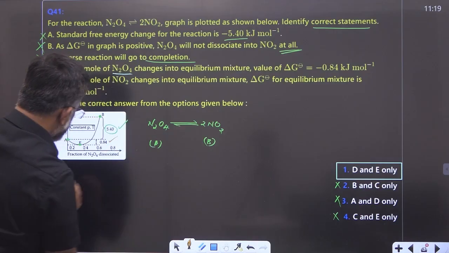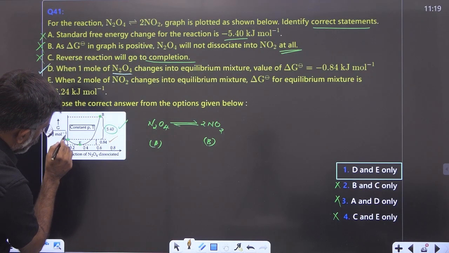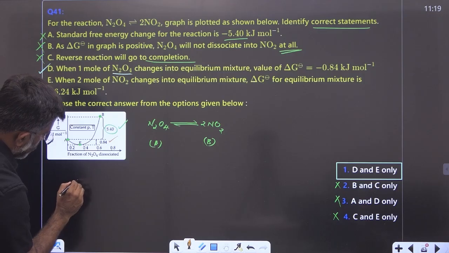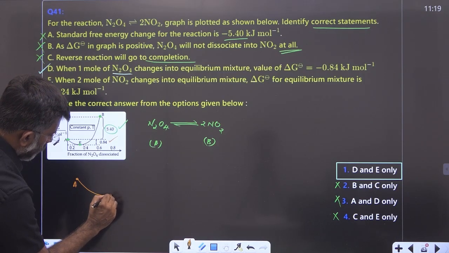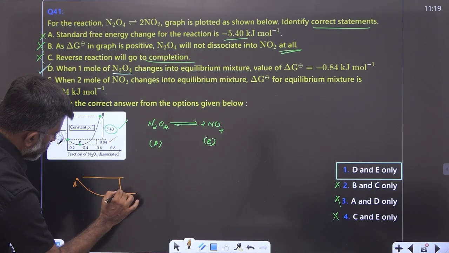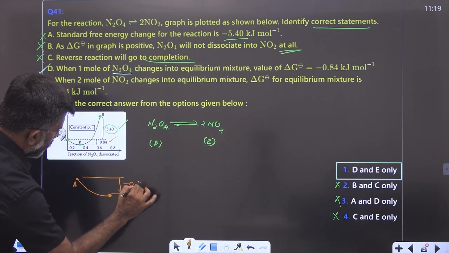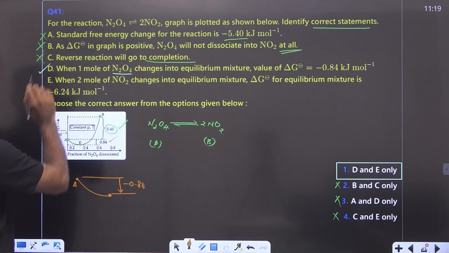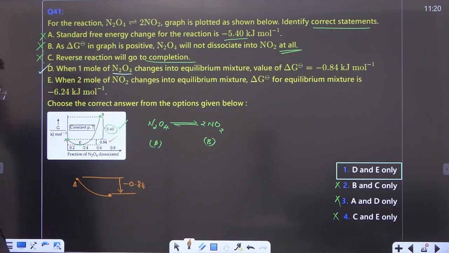Perfect. You look at this. A comes to equilibrium. You can see this is point A. It is coming to equilibrium. You can see this is the drop, minus 0.84. That is a perfect statement. D is a perfect statement.